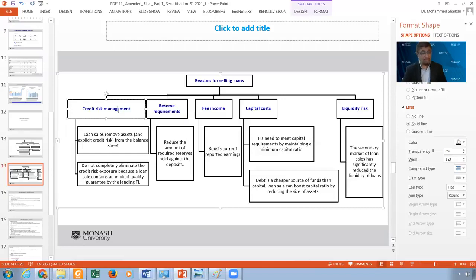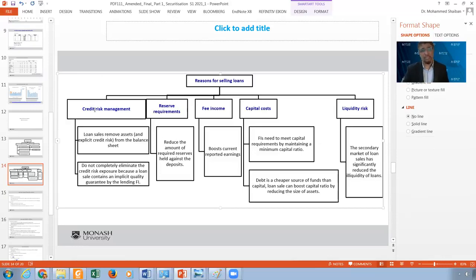If it is bringing any capital obligation, which means you have to increase your capital because you are increasing your loans or your assets, when you take the loans out, that capital requirement will decrease. They do it for fee income. They do it for reserve requirements.